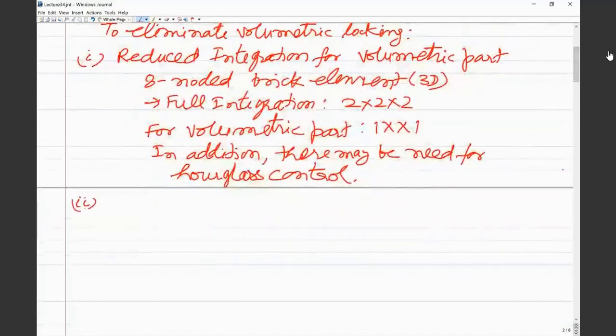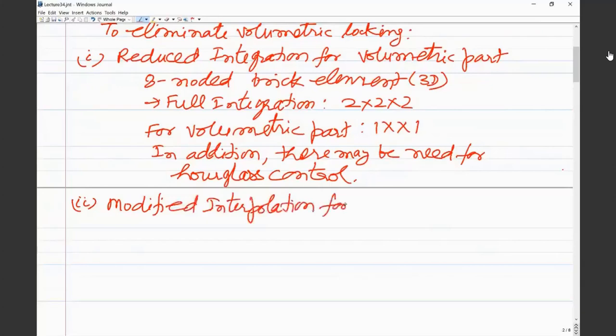Another one is modified interpolation for J. If you look at the strain energy, we have written it as I1 bar, I2 bar, and a function of J. In this, instead of J, you use a modified interpolation.